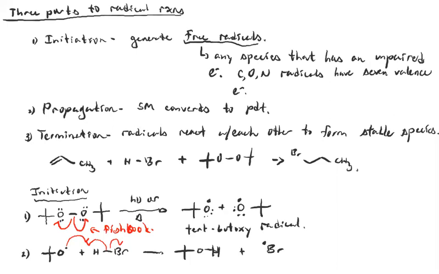So let me say again what's happening in step 2 there. The T-butoxy radical is going to attack HBr. Previously we've seen the alkoxide pick up protons, where I've got 8 electrons around oxygen and a negative charge on oxygen.